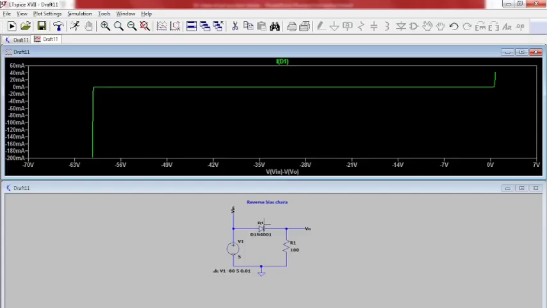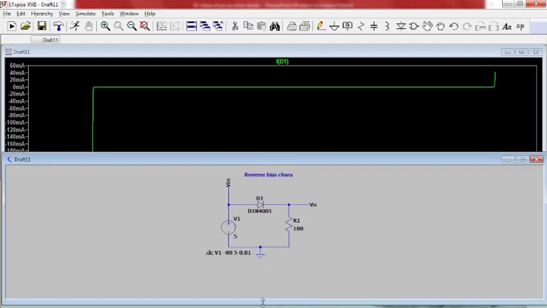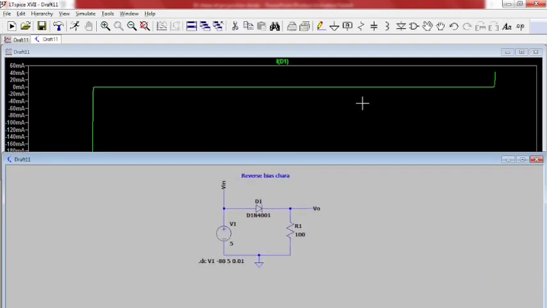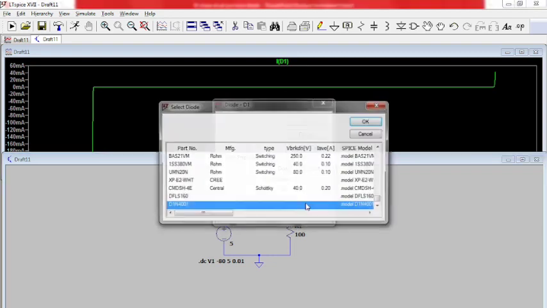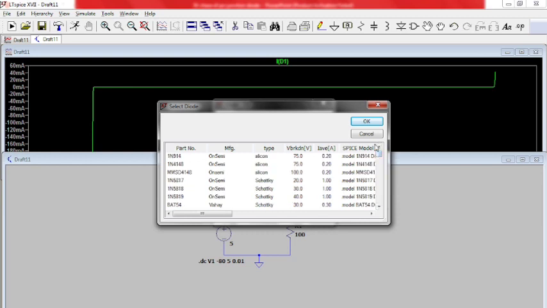We can test by changing the diode. This curve is already discussed, the curve of the IN4001. If we change the diode, why did we choose the IN4001 before? Because it is a normally available diode in our laboratory. Suppose I am taking IN914, the curve will change.